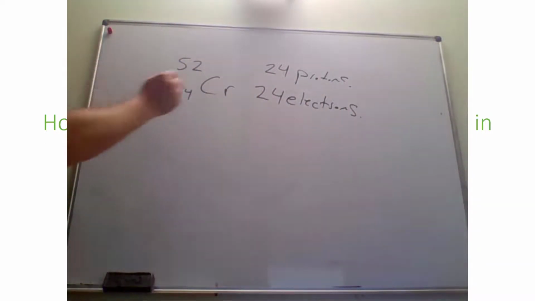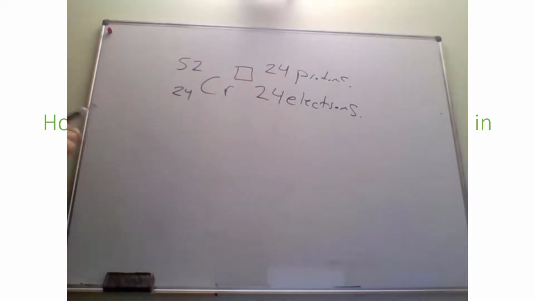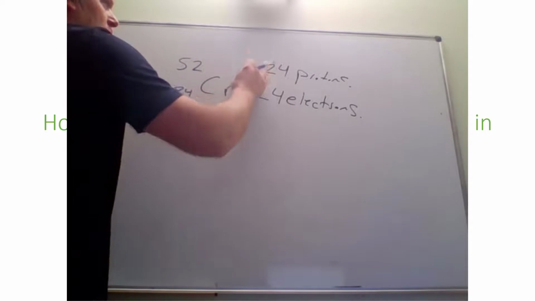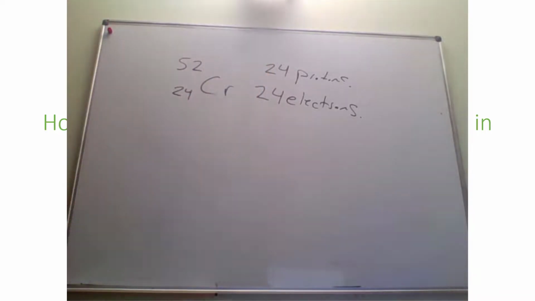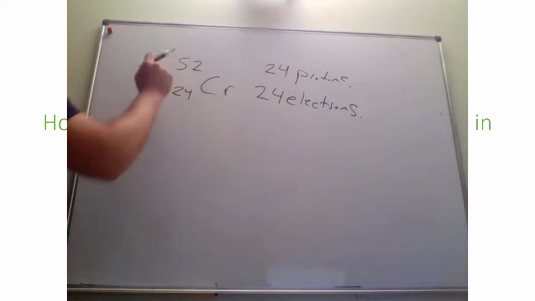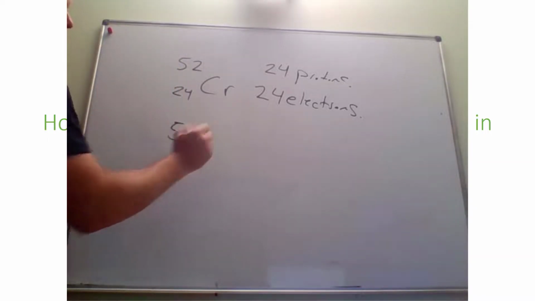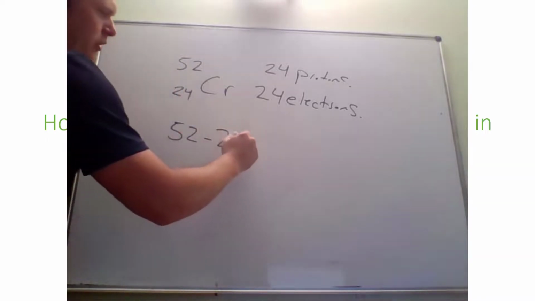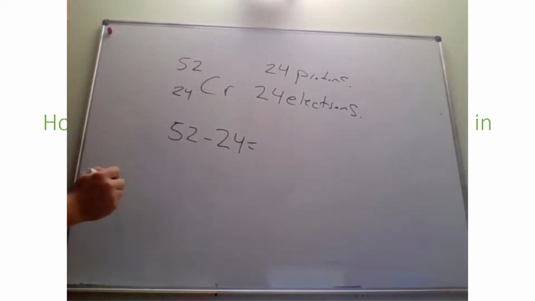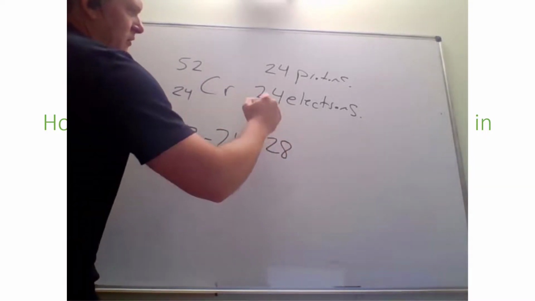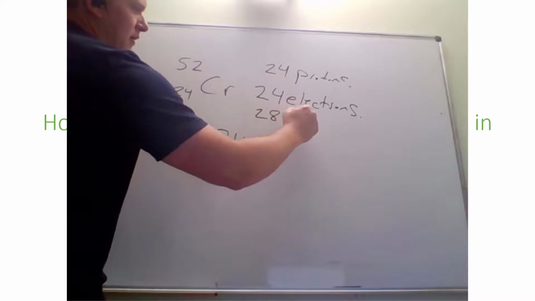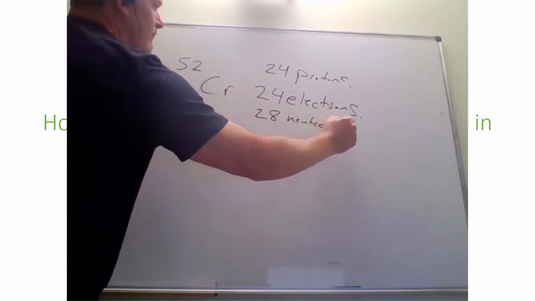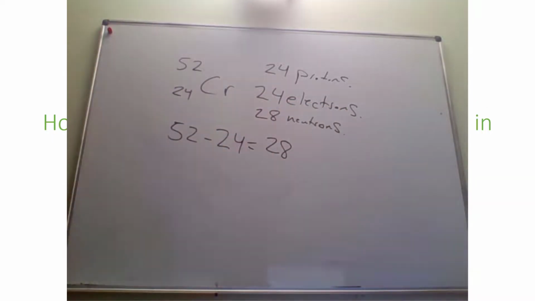If it was not neutral, we would see a symbol up here in the upper right-hand corner. We'll get to that soon, but we don't see any symbol, so we know it's neutral. And then for the number of neutrons, we simply do our mass number, 52, minus our atomic number, 24, and that's going to give us a value of 28. So that means we have 28 neutrons. That easy.